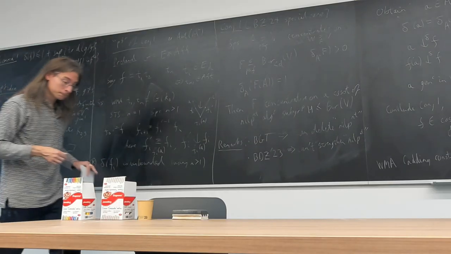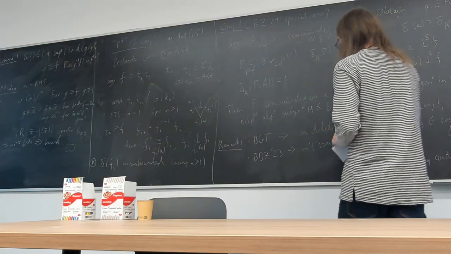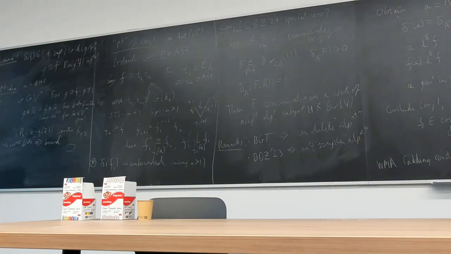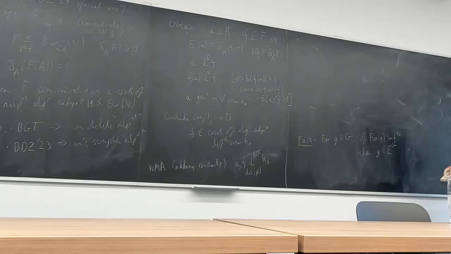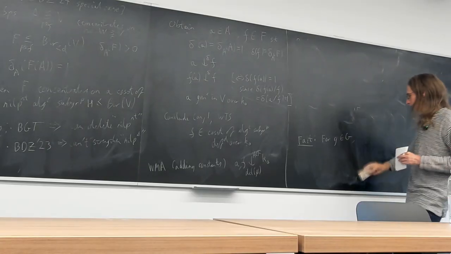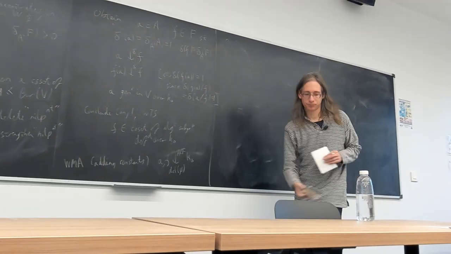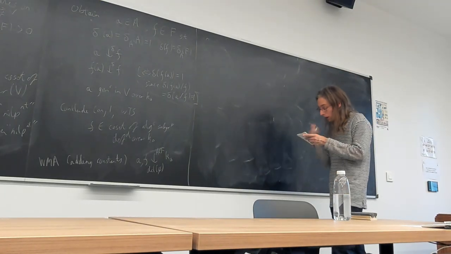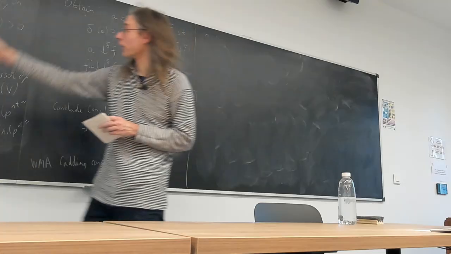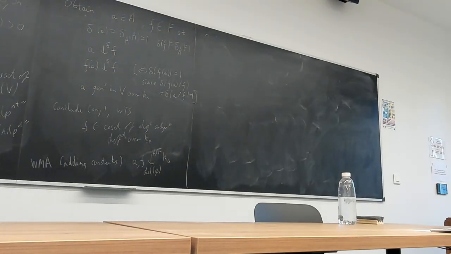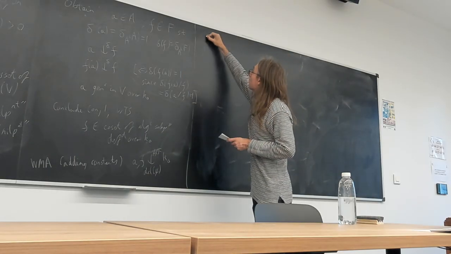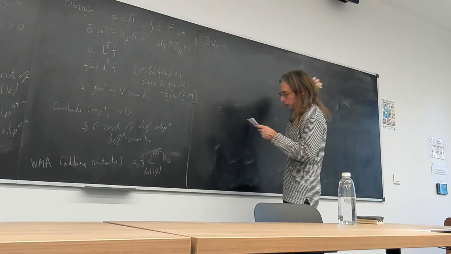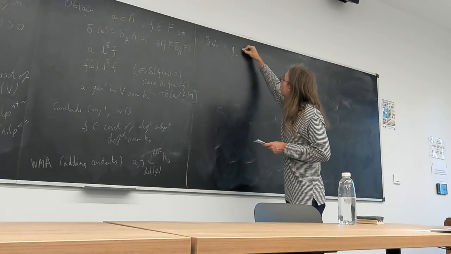Now I'm going to contradict that. So now I want to apply this lemma to get a bound which will contradict this lack of a bound. So I want to consider some g_i with the same type as f_i.